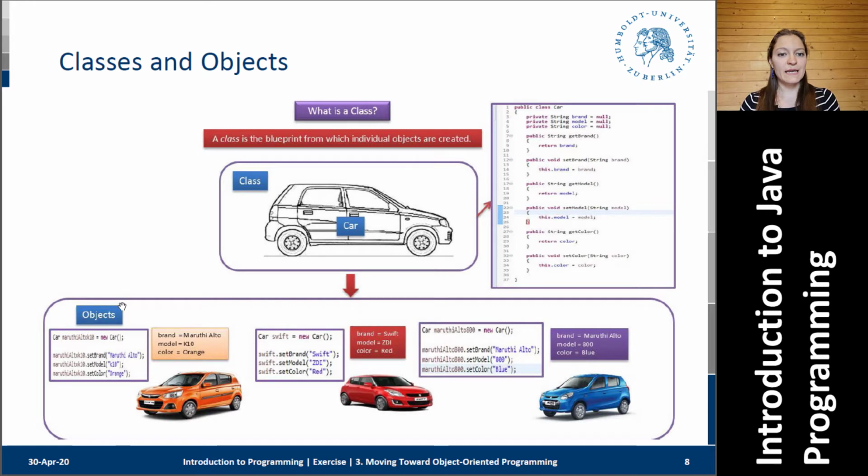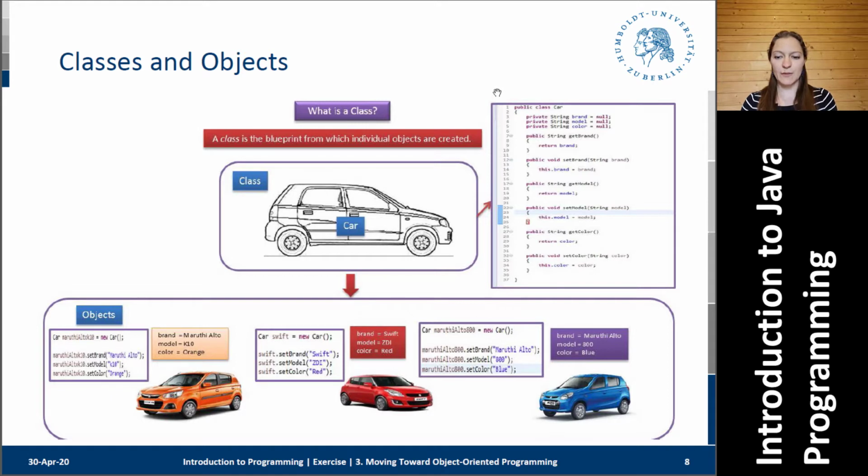When you are instantiating objects, for example 3 objects like this, you are setting the values for those variables that you defined already in the class individually for each object. So in this way, you create a class once, and then you create objects as instances of this class that use those methods and variables.